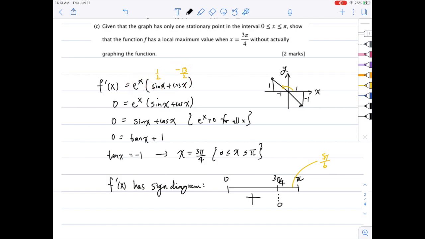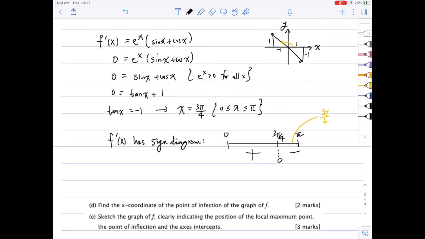So then we have negative. You would show that working, but basically the sign is changing from positive to negative, so the original function is changing from increasing to decreasing, and therefore there is a local max at x equals 3/4 of a pi.